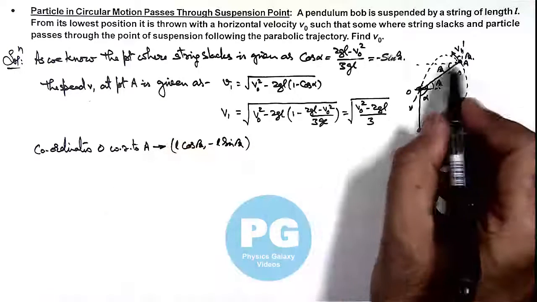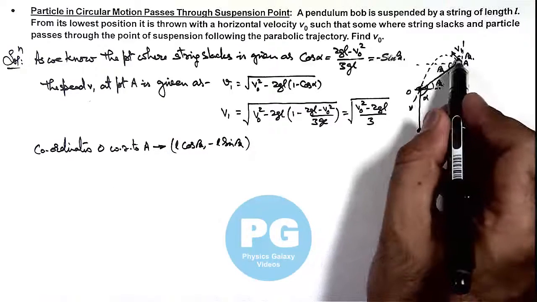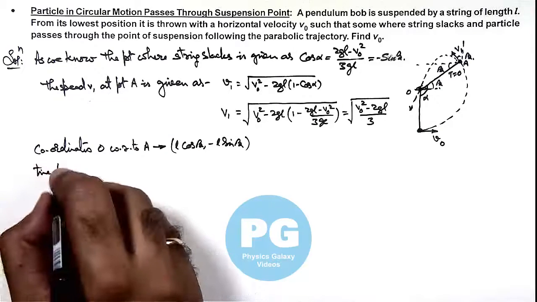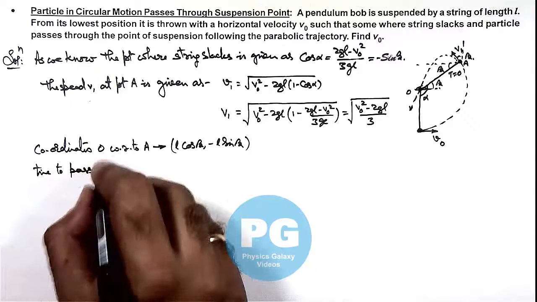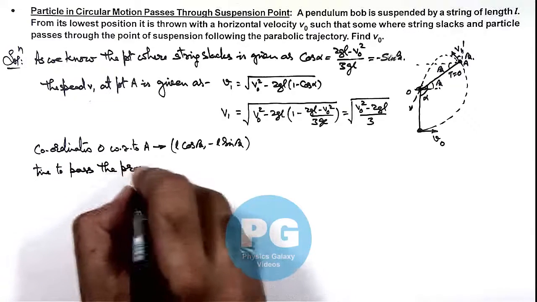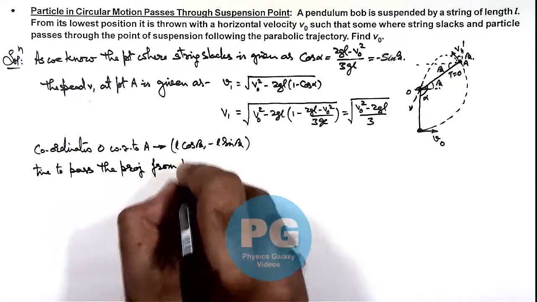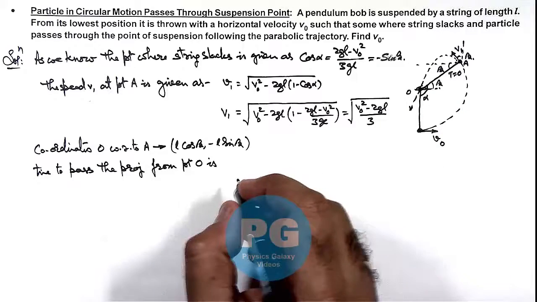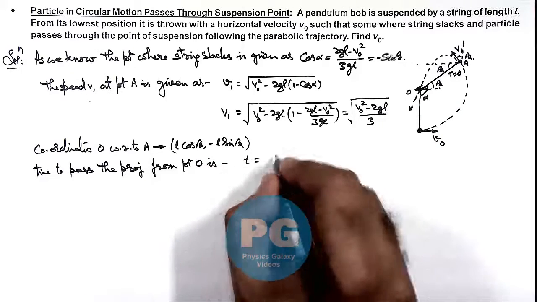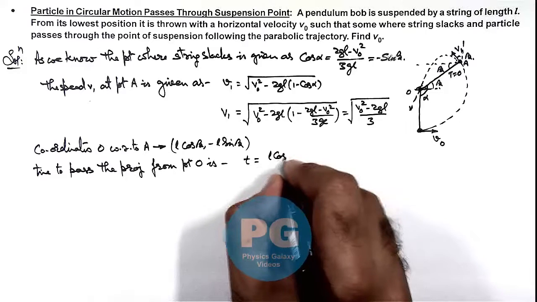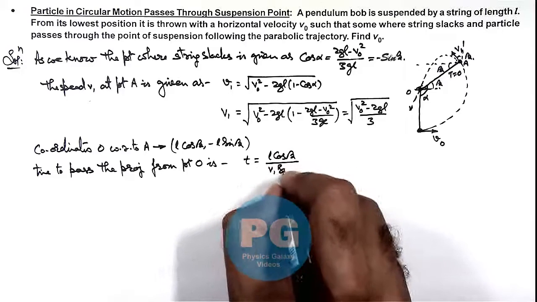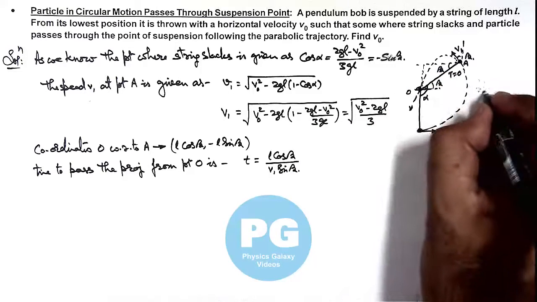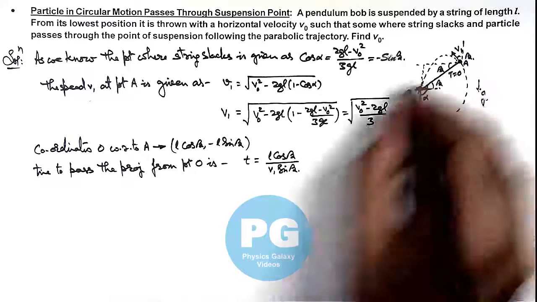In the horizontal direction, it will be moving with the speed v1 sin beta. So the time to pass from point A to point O is L cos beta by v1 sin beta, and in this time it will travel in the vertically downward direction in its free fall by a distance L sin beta.